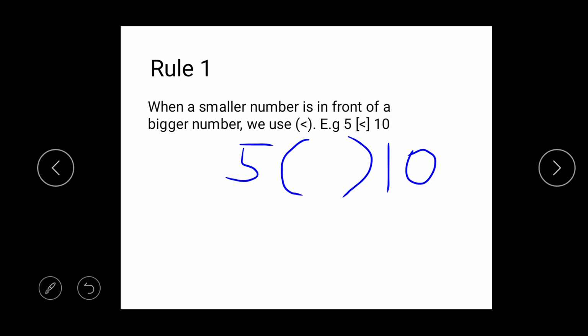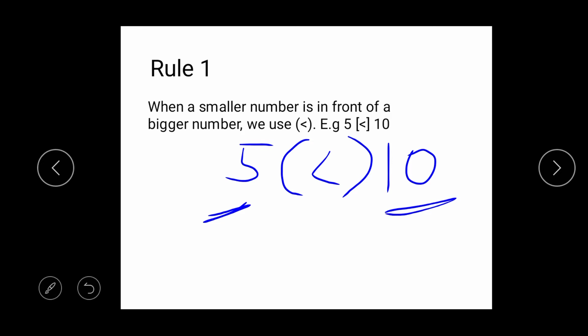What's going to be in the middle, in the box? Less than. Why is it less than? Because 5 is a small number, and 10 is a big number.